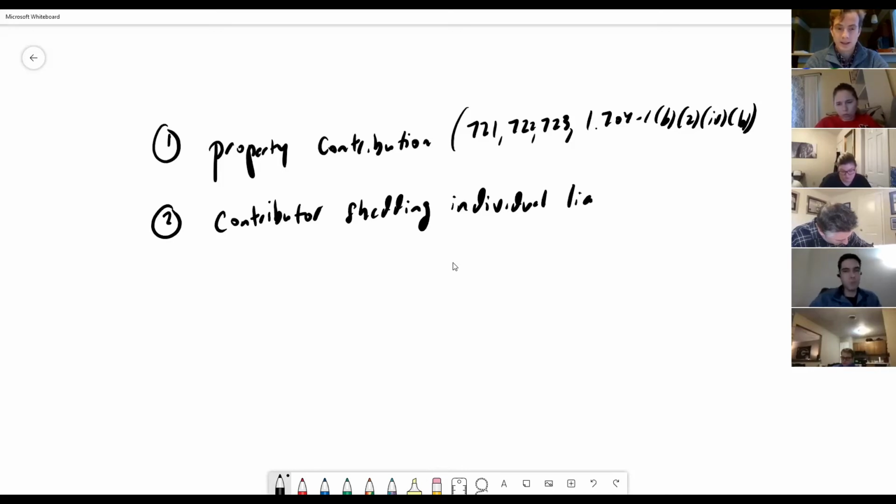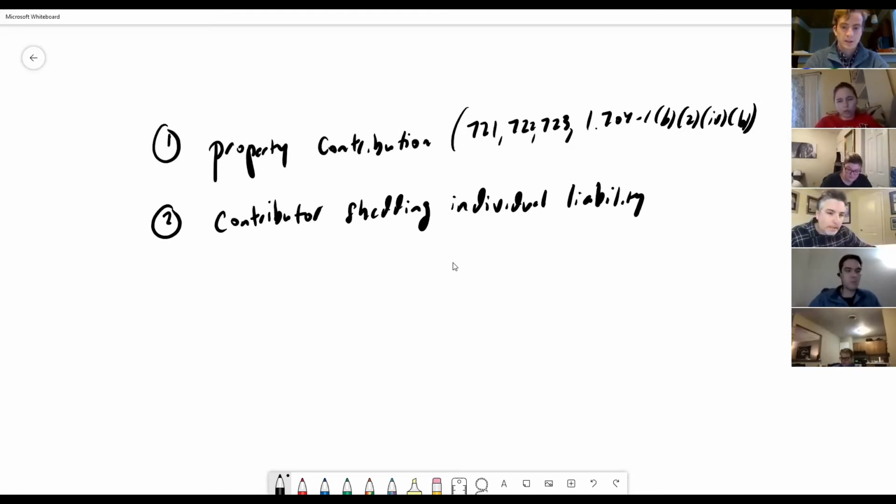That liability that's attached to the property, because again, it's secured by the property, is going off the contributor's books. It's no longer the contributor's debt. It's now the partnership's debt. So when the contributor is shedding the individual liability, we've got to deal with that.